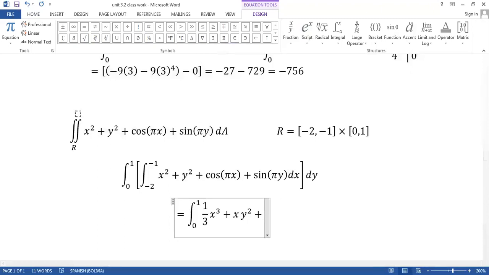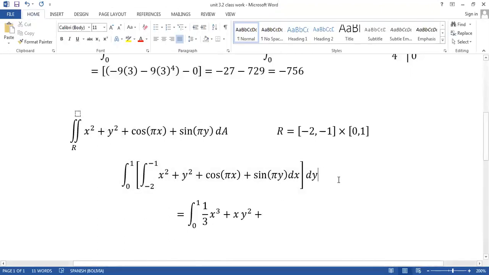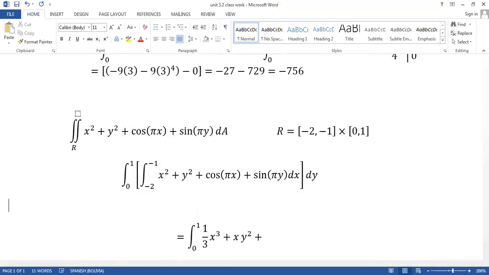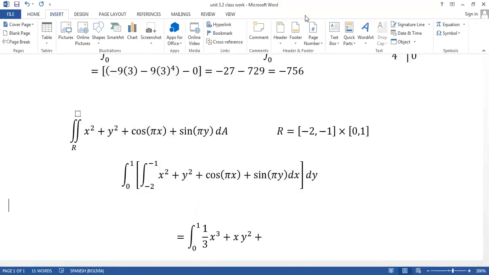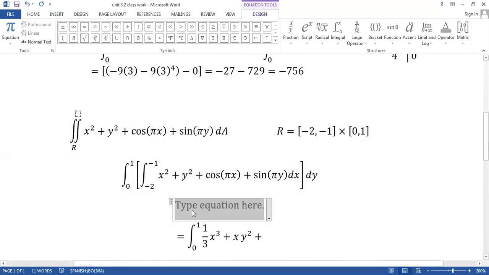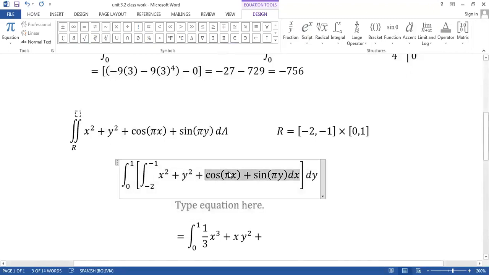Plus, we're going to integrate this now. Let's create some space. Insert equation. Do you remember how to integrate cosine of a multiple?